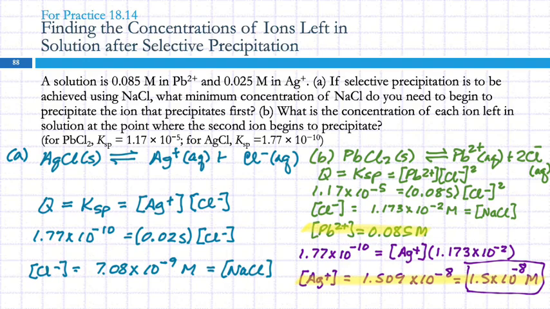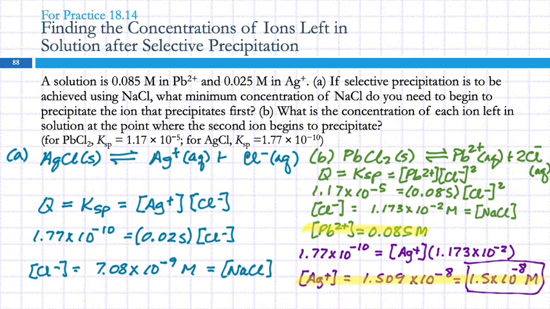Yes? Why did the concentration of lead stay the same? That's an excellent question. We calculated the chloride ion concentration at equilibrium for that lead ion concentration. So we're talking about beginning to precipitate. It hasn't started yet.